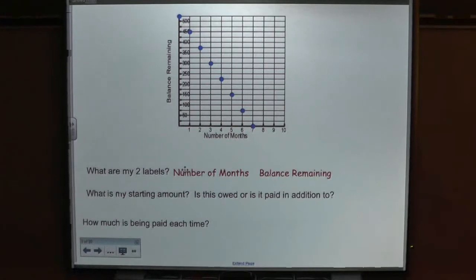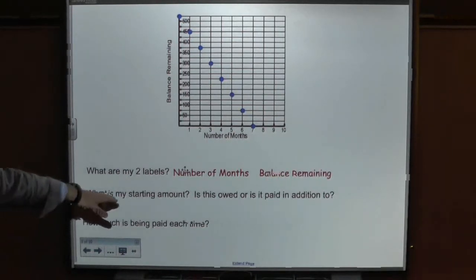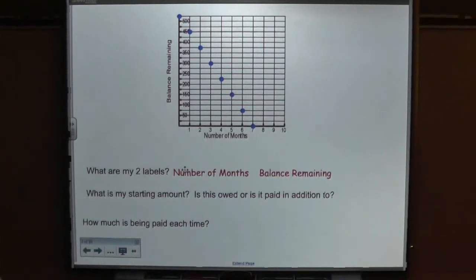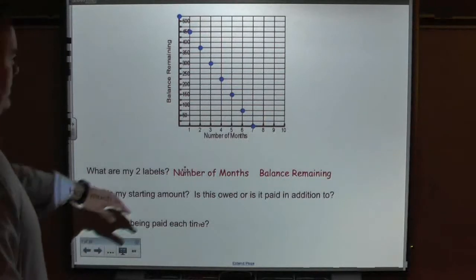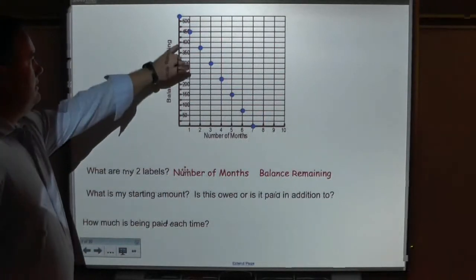As we look at this, your number of months is your independent variable, your x-coordinate, so your domain. The balance remaining is your dependent variable, your range, or your y-coordinate. So, what is my starting amount? Anytime you're looking at this, the starting amount, the initial value, is always going to be on your y-axis.